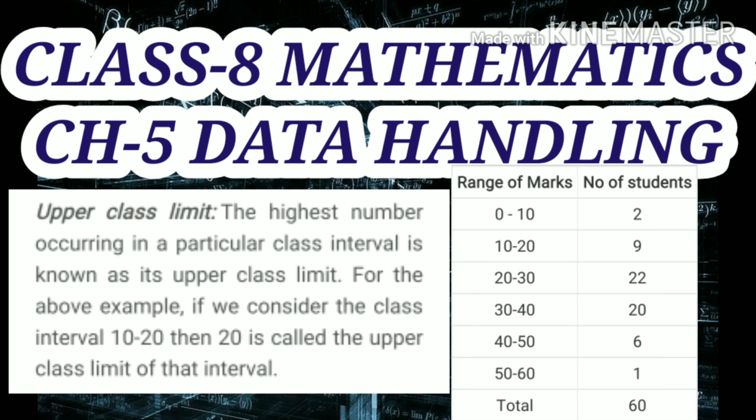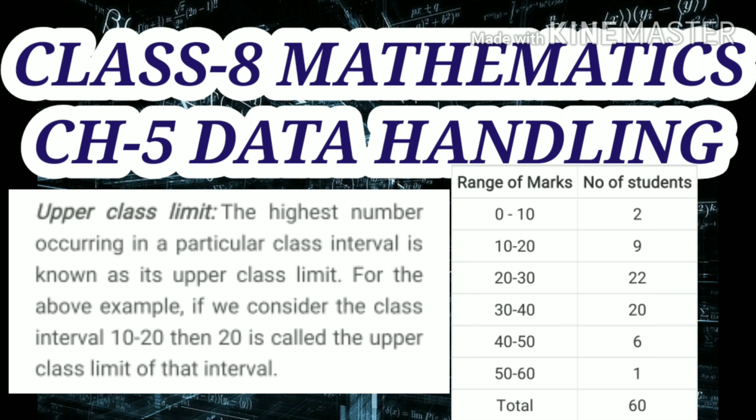For example, for class interval 0 to 10, the upper class limit is 10. For class interval 20 to 30, the upper class limit is 30. For class interval 30 to 40, the upper class limit is 40.